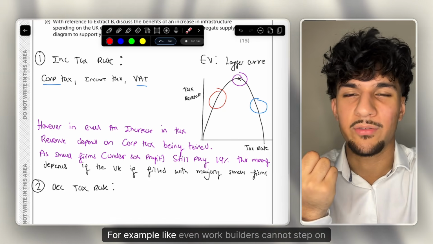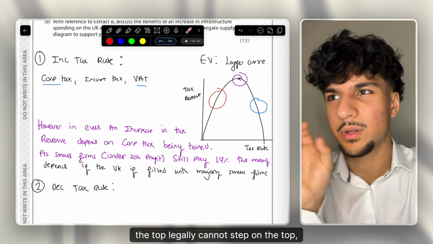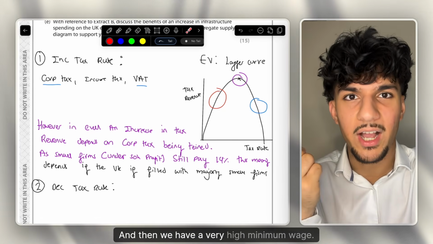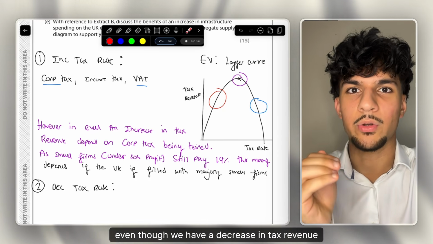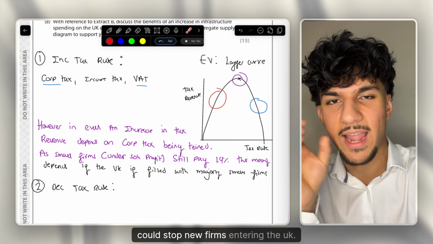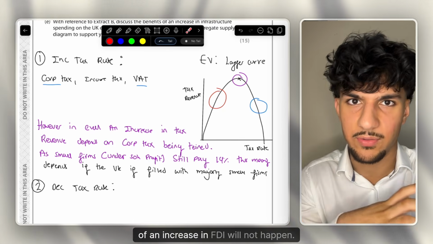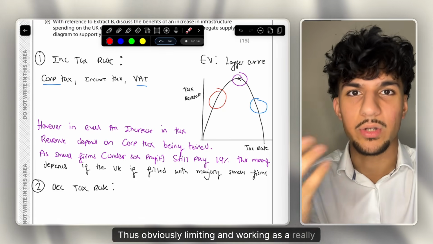Even builders legally cannot step on the top step of a ladder, as it's against working regulations. And then we have a very high minimum wage. So those factors could stop new firms entering the UK, thus meaning all the positive effects we mentioned of an increase in FDI will not happen, working as a really good evaluation point.